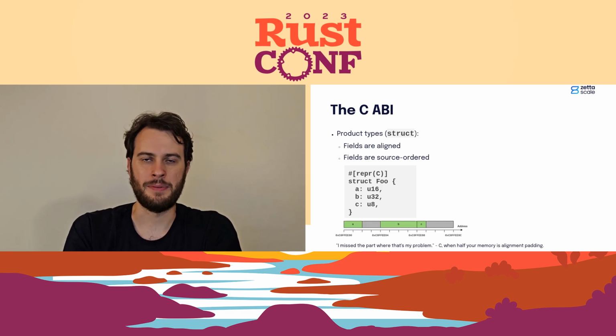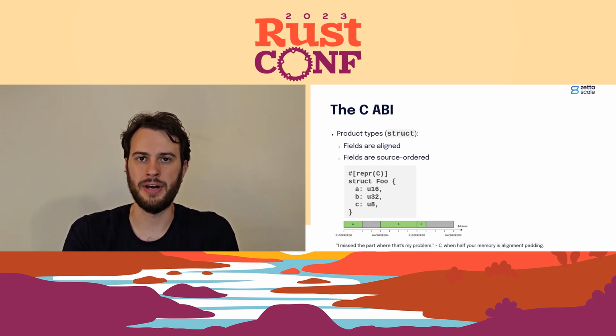If you do a bad type layout like this one, where you have a U16, then a U32, and then a U8, you're actually going to waste 5 bytes, 2 in padding after the U16 to align the U32, and 3 after the U8 so that the structure's size is a multiple of its alignment, which is the alignment of its largest type. Instead, you could have just shifted the U8 before the U32, and then you just have 1 byte in padding, which is unavoidable for this structure, but you'd have saved 4.